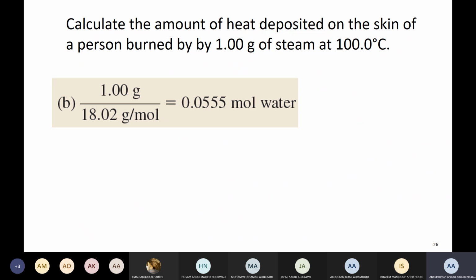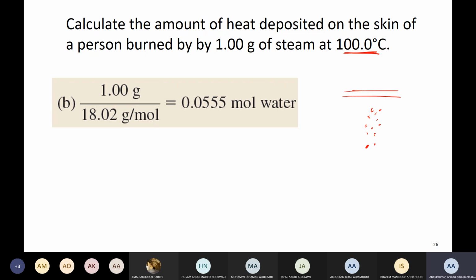and we have a person who has been exposed. Somebody is putting his hand, and he was exposed to vapor, the vapor of the water coming out at the boiling of the water, steam at 100 degrees C. So what will happen?